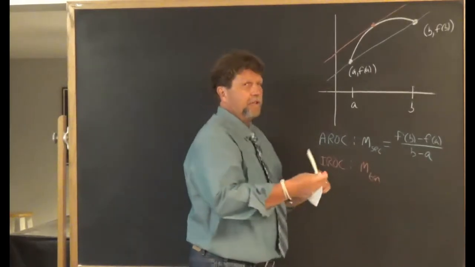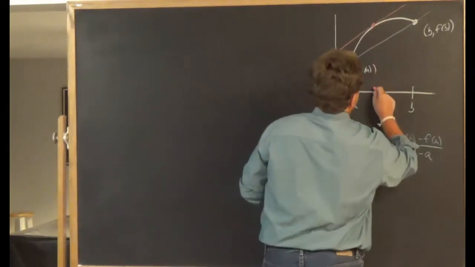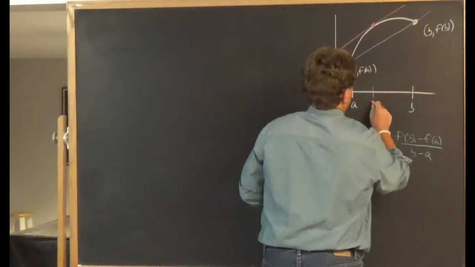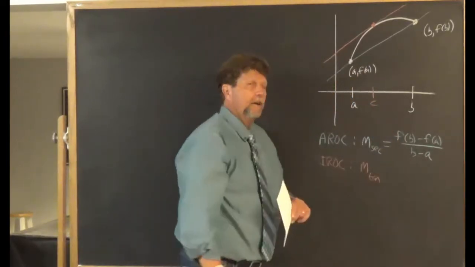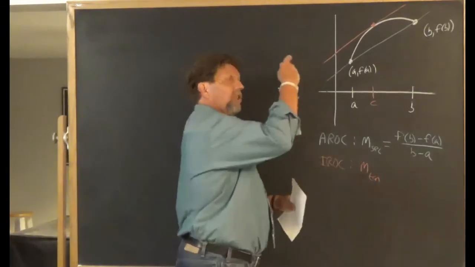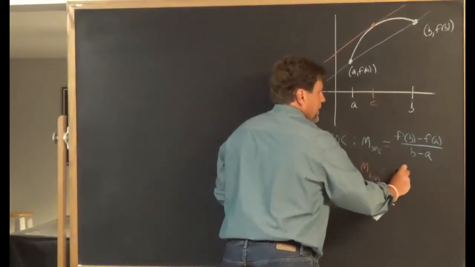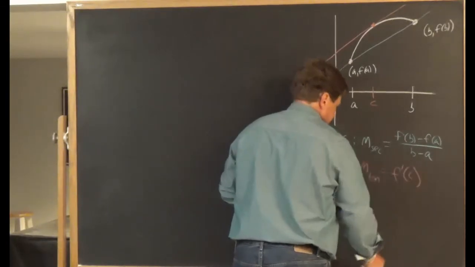Well, I don't know what the function is, so I can't compute its derivative, but I can arbitrarily say, let me just generically call that x coordinate c. The slope of that tangent line is given by evaluating the derivative at c.